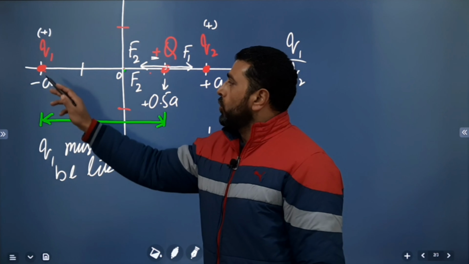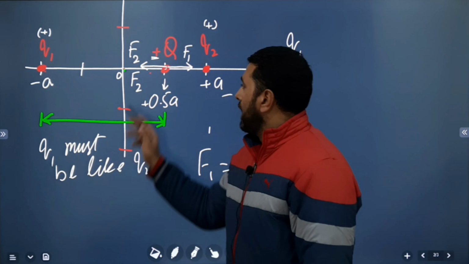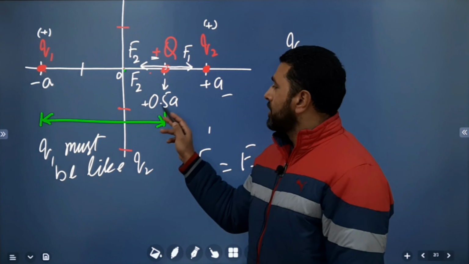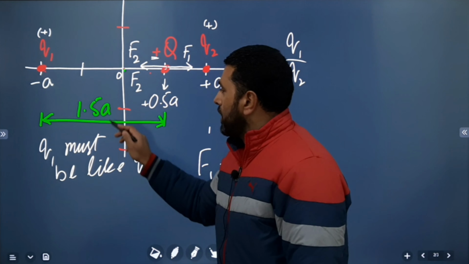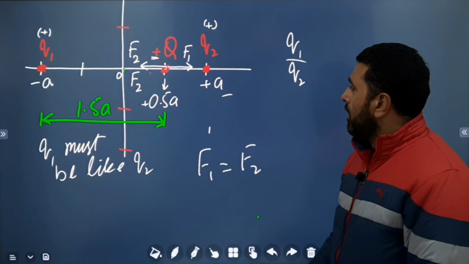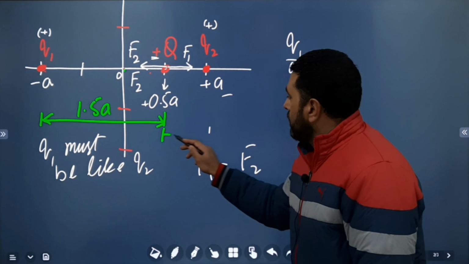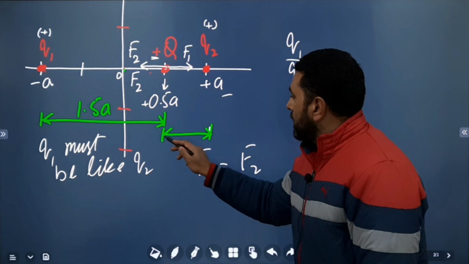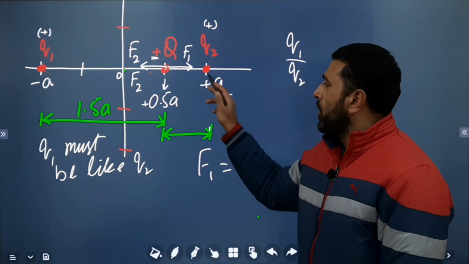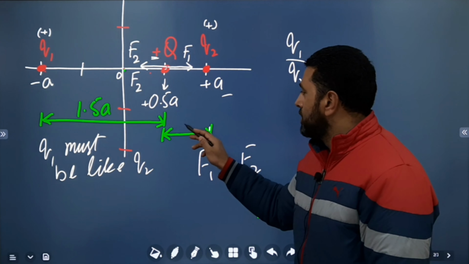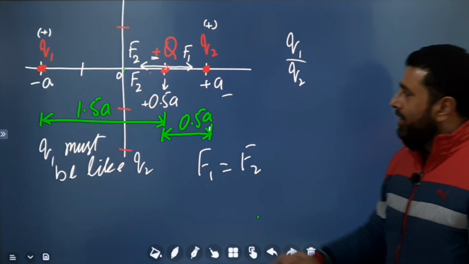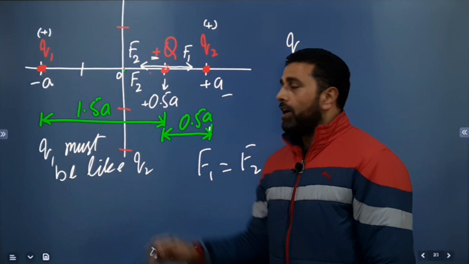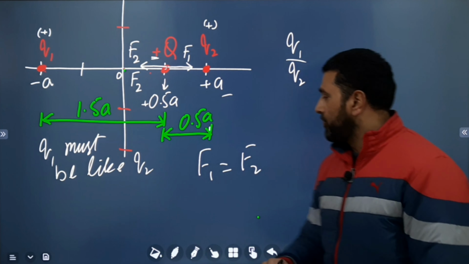From origin to this point, distance is A, and from origin to capital Q, distance is 0.5 A. So total distance is 1.5 times A. And then distance between these two charges, this one and this one, is A minus 0.5 A, which is 0.5 A again. So one distance is 1.5 times A and the other distance is 0.5 times A.